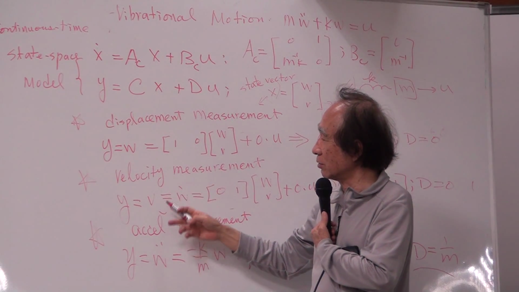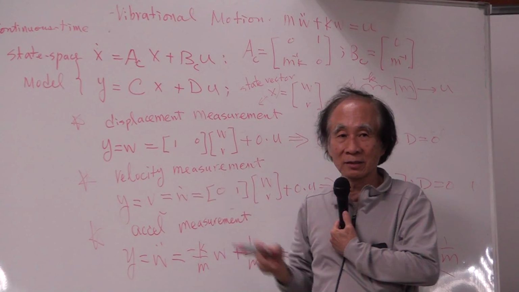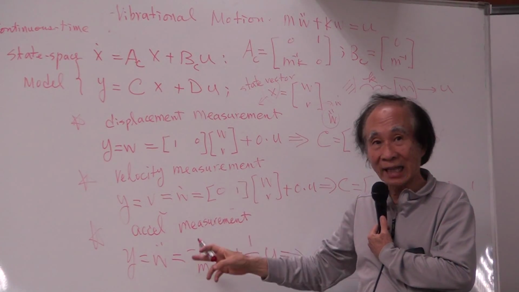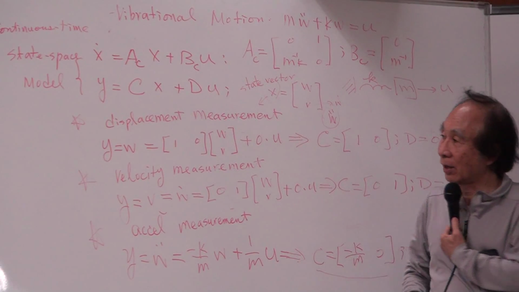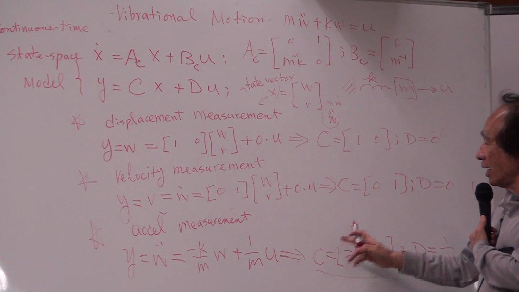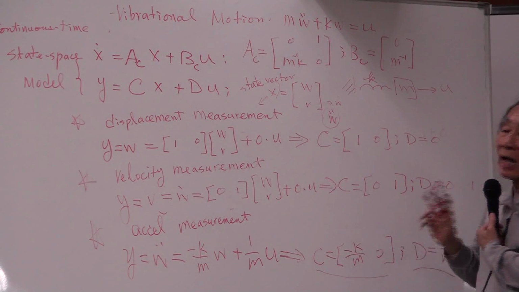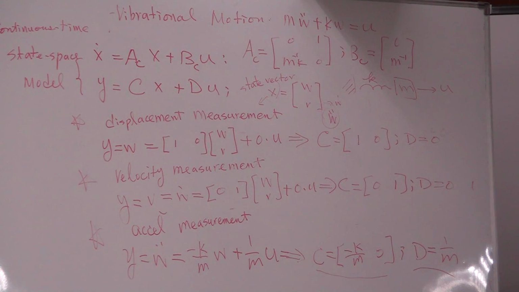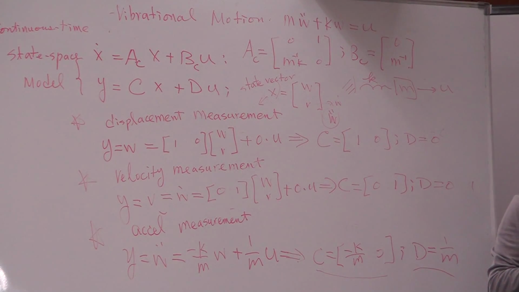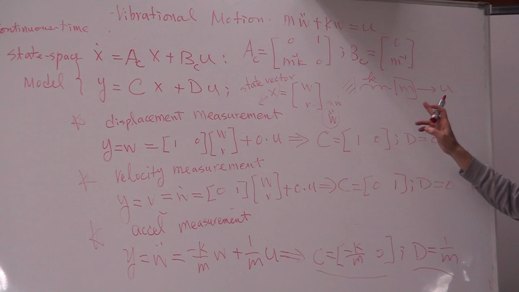For velocity measurement, you measure V, that's the independent quantity. For accelerometer measurement, that's W double dot, which is not an independent quantity. If you want to write it in terms of independent quantities, then you have to write C and V like that. So this is my state space model for vibrational motions.